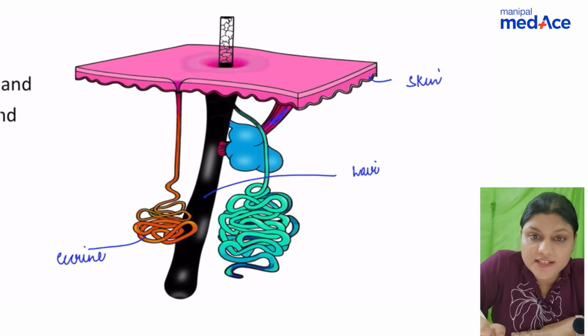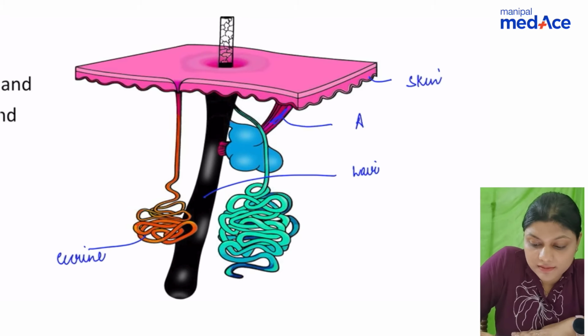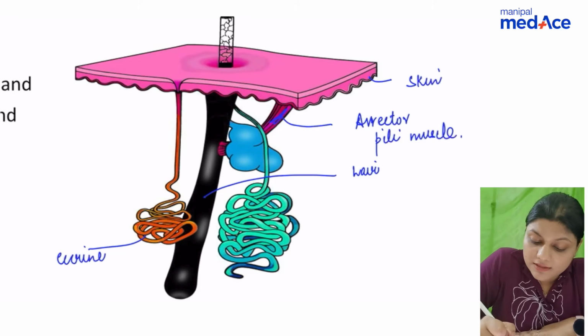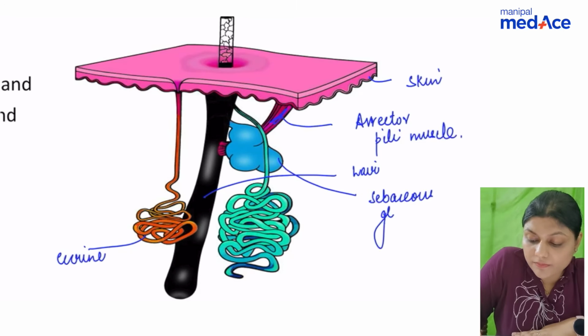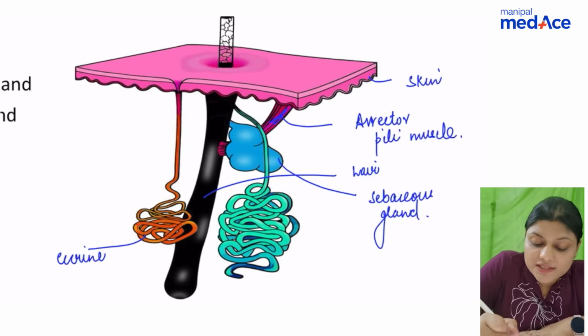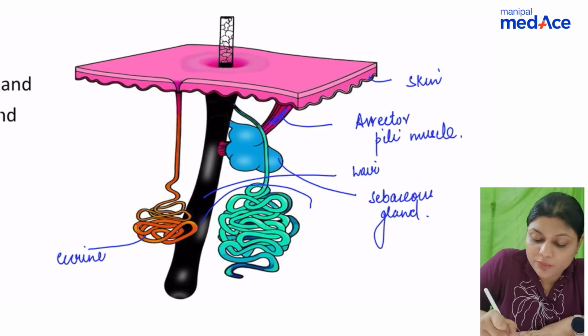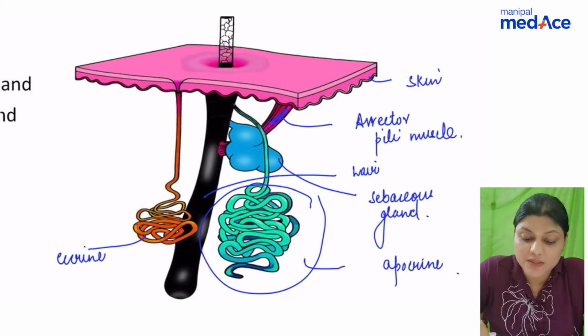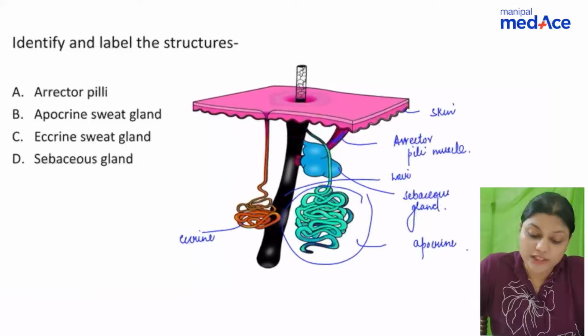This one is erector pili muscle. And then this is sebaceous gland. Just above this coiled structure is apocrine sweat gland.